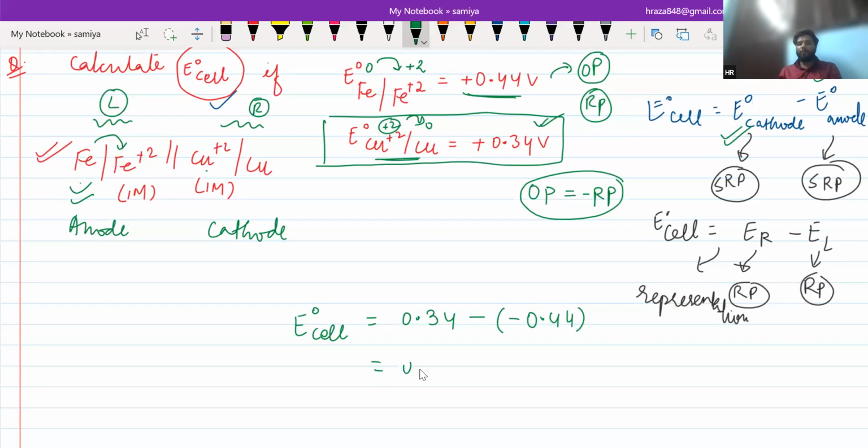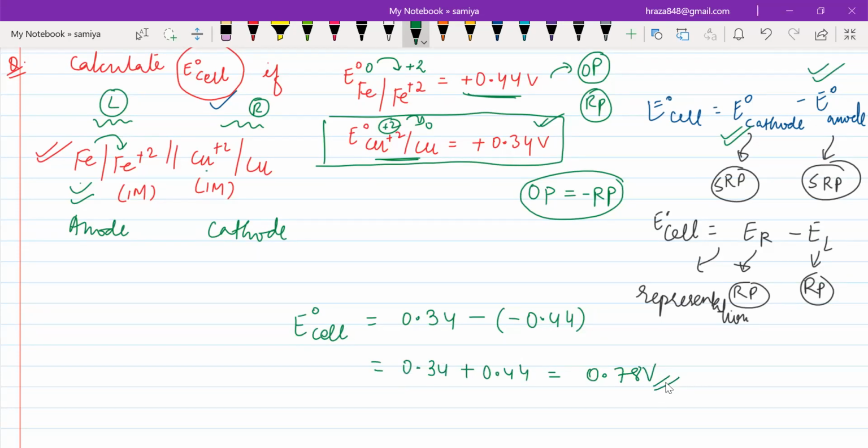If you solve it, you will get 0.34 minus (minus 0.44), so your answer will be 0.78 volt. Got it? Yes, sir. Thank you. So please write it.